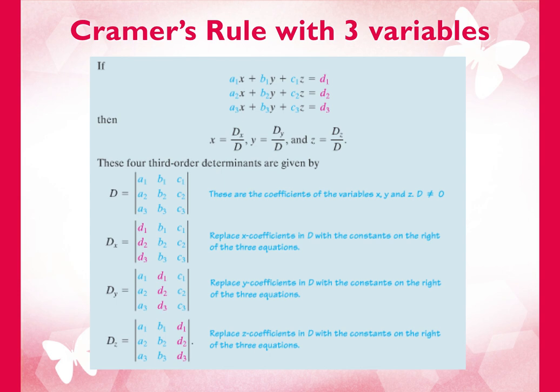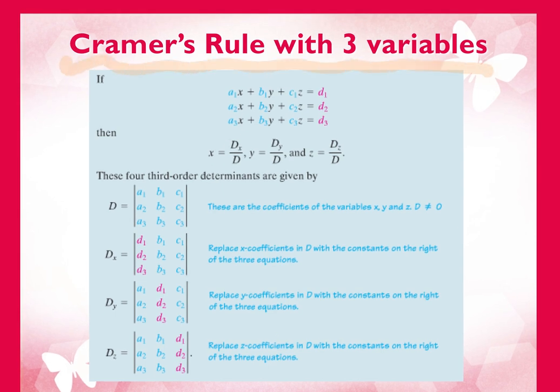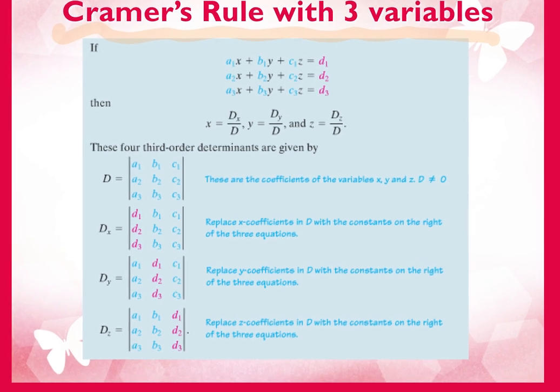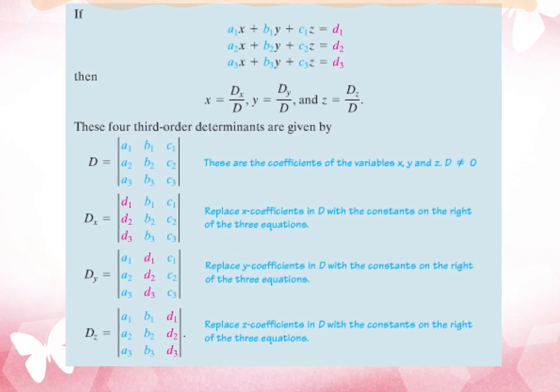Now, just when you thought it couldn't get any more fun, we're going to do Cramer's rule to solve systems with 3 variables. So this time, much like the last time, we're going to find determinants, but this time we're finding 4. The first one we find is all the x's, all the y's, and all the z's.